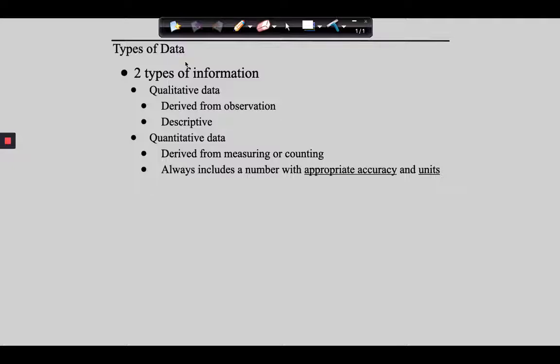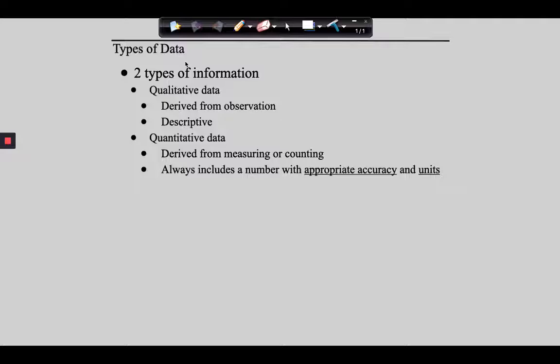But guys, and this is the part that's going to make this a little bit tricky, and this is what we're going to talk about for the next 10 minutes or so, and then we'll turn you loose. When we talk about numerical data, the thing that you need to get really good at is the thing that's underlined on the screen. You need to figure out how to determine appropriate accuracy.